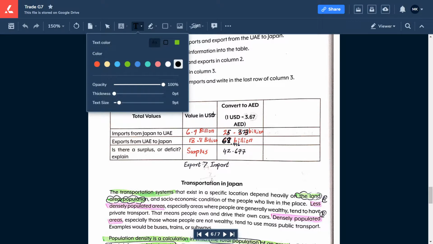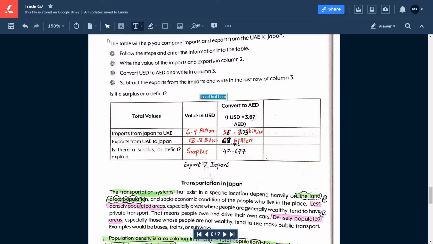What are we going to do? We're going to bring the amount in US dollars and multiply it by 3.67. So we have here 6.9, and we're going to multiply it.